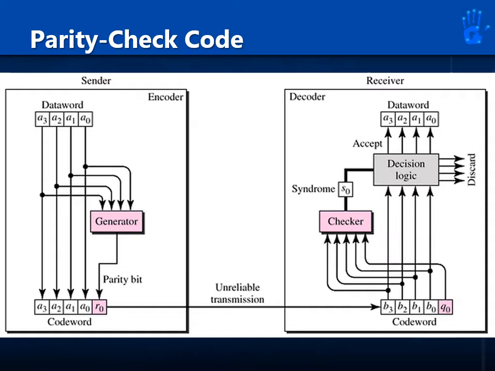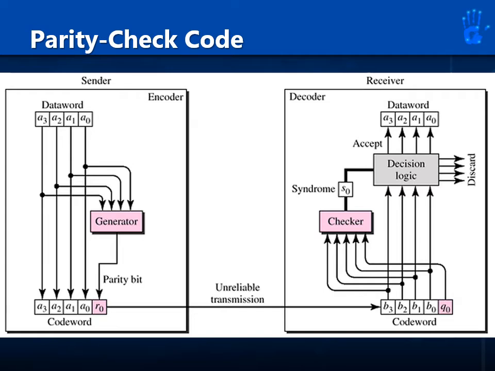Over at the sender side, we have 4-bit data words, A sub 3 the leftmost and A sub 0 the rightmost. The data word will be sampled by a generator, which will produce a parity bit, R sub 0.